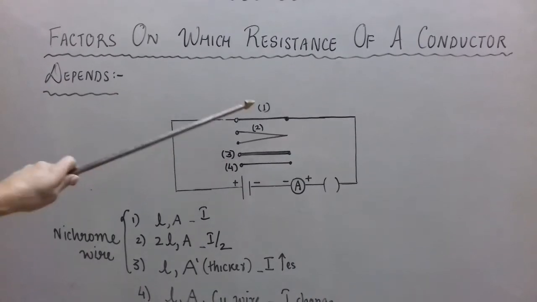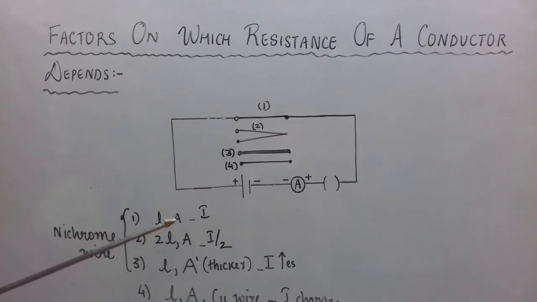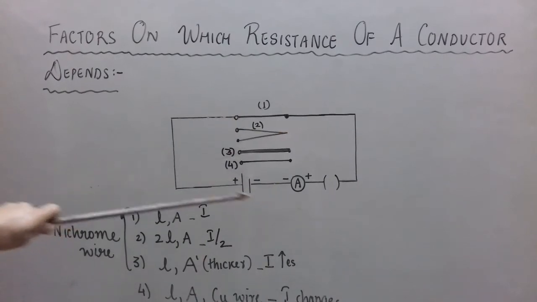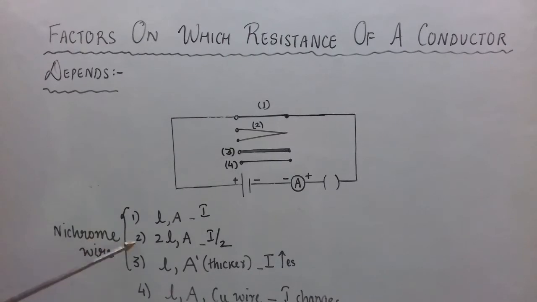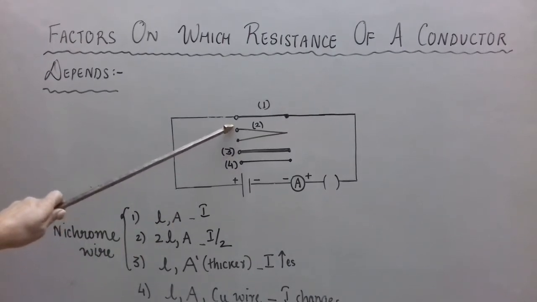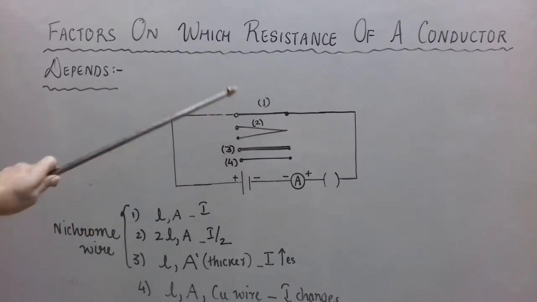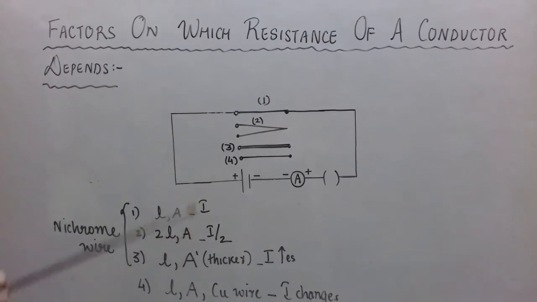First is a nichrome wire having some length, let us say L, and cross-sectional area A. So the first is a nichrome wire which is shown connected in the circuit now. Second is again a nichrome wire but whose length is doubled, than the first wire, and thickness is the same, so cross-sectional area is the same.